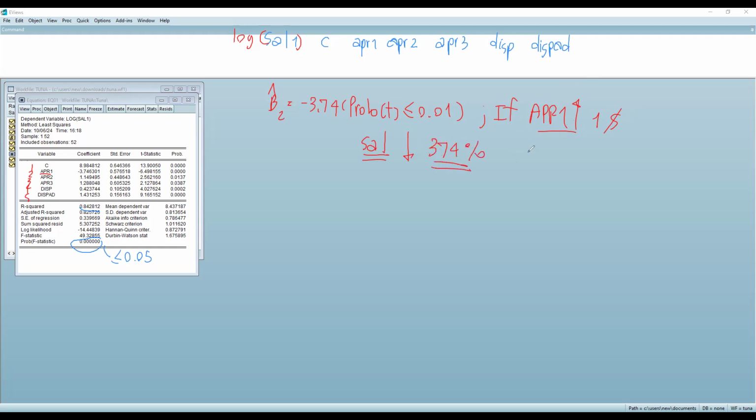Yes. Significant. Yes, at 1%. Yeah. Full mark. Okay, and the constant.